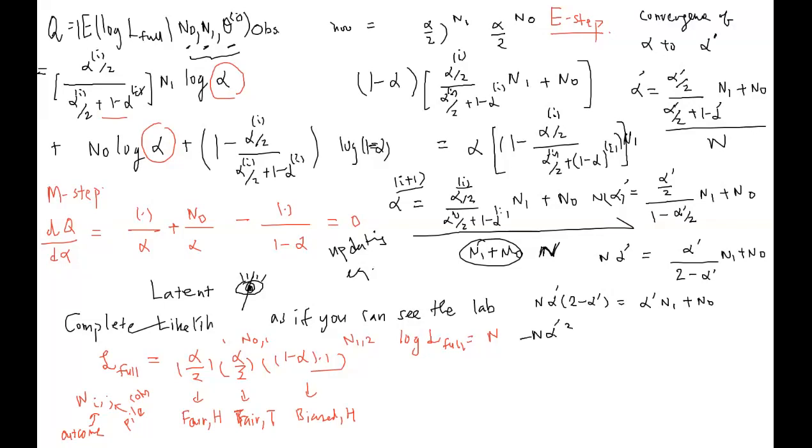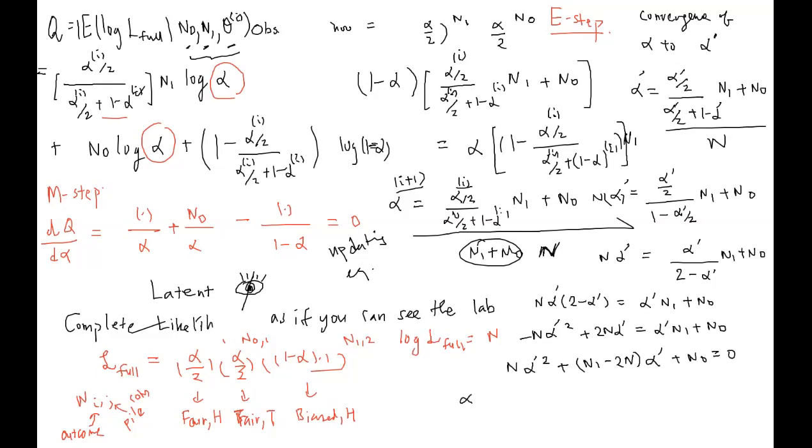Right, so here you expand it, you will get n, okay, plus 2, 1 plus. So rearranging, you get n this plus n1 minus 2n alpha prime plus n naught equals to 0. Okay.